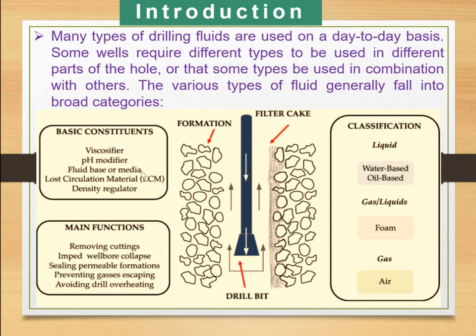Then fluid base or media. Fluid base means how thick or thin that fluid will be. Then lost circulation material. Lost circulation means if the formation is highly permeable, fractured or intensely deformed, the drilling mud will flow along it and cannot be returned back. That is called lost circulation.